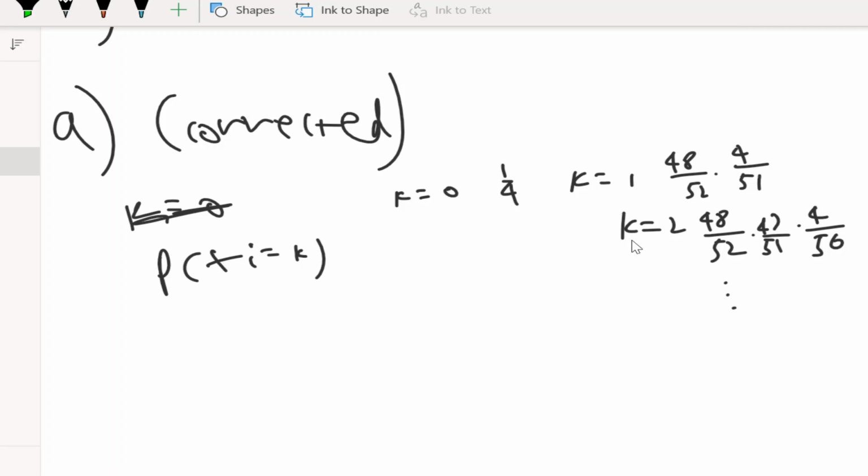While I had the right idea, I just completely forgot to account for the fact that, wait, why did I write 1/4? Sorry, that's 4 out of 52. Okay, I just forgot to account for the fact that, even though you're drawing a bunch of non-aces, right after drawing these non-aces, you will draw an ace.